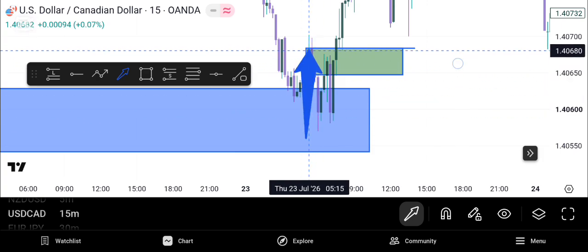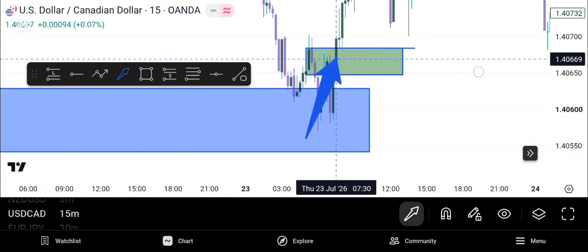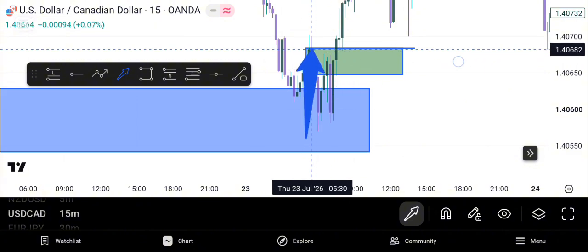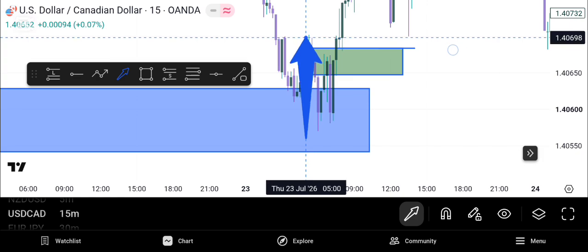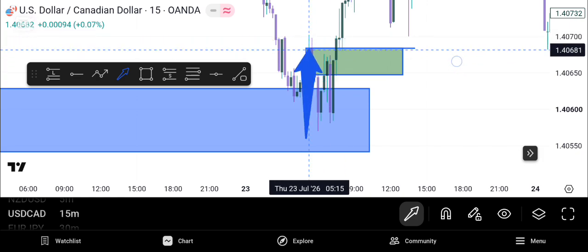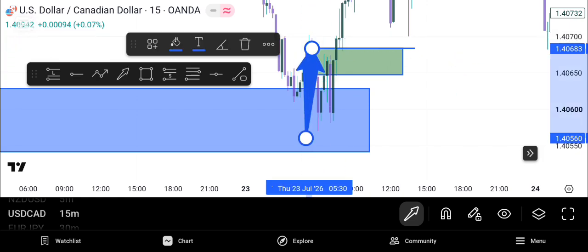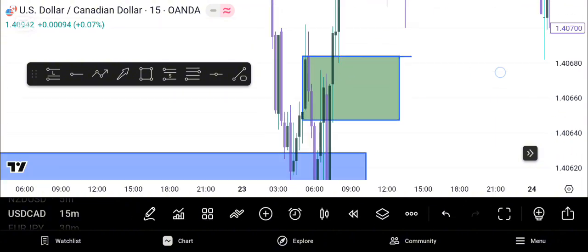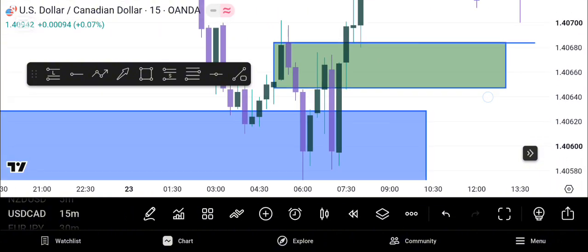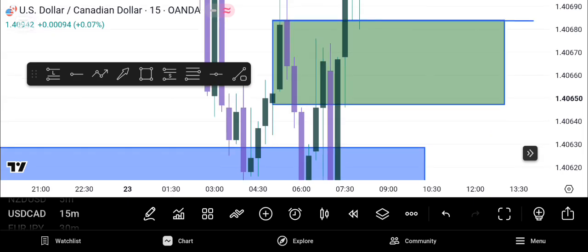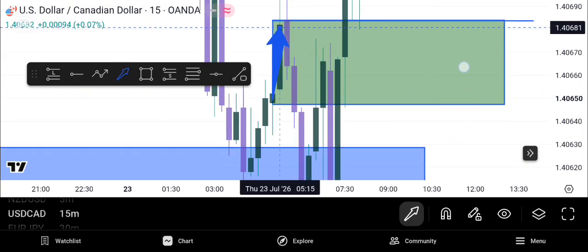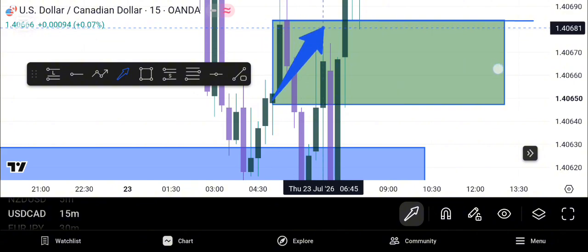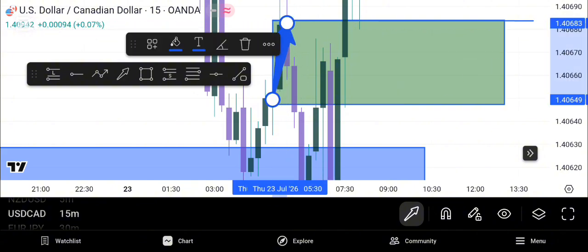The moment price closed above this 15 minutes candle right here, not really taking out this high, because this high will give us a market structure shift, but the moment price closed above this level, I'll zoom in again. You can see the moment price closed above this level right here, we were supposed to enter the trade on the buy, immediately.